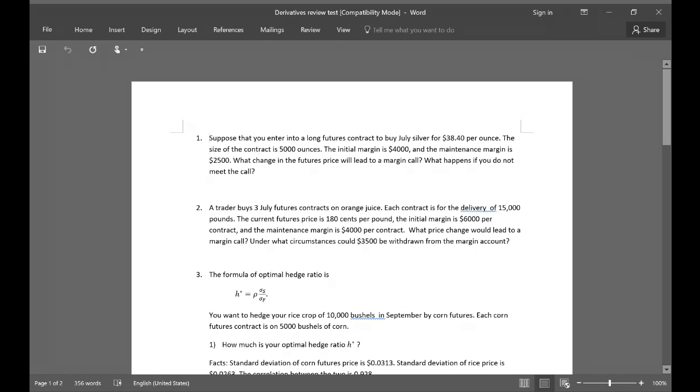Make sense? So this is what you're going to do, and you're going to see this exact formula in the formula sheet as well.